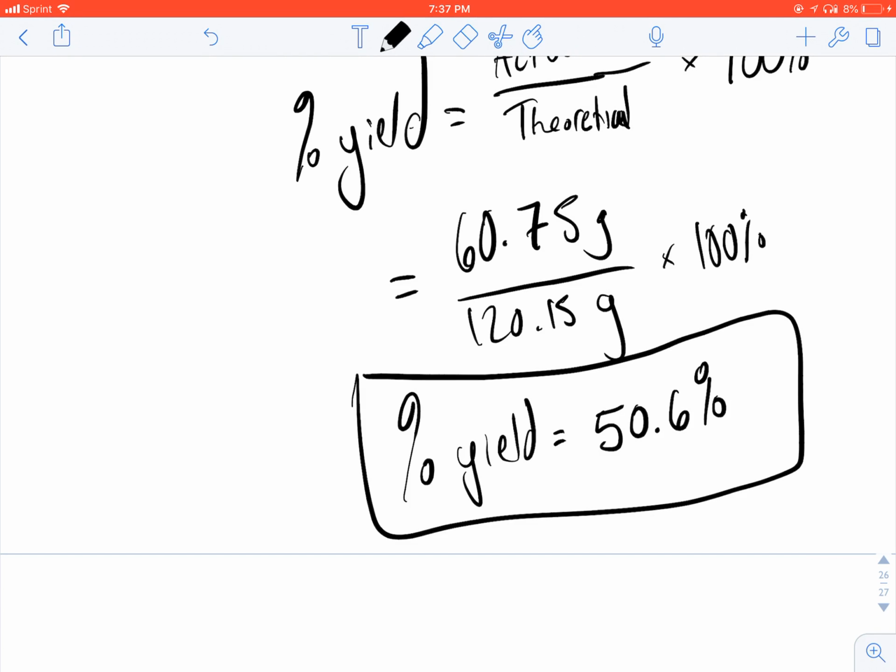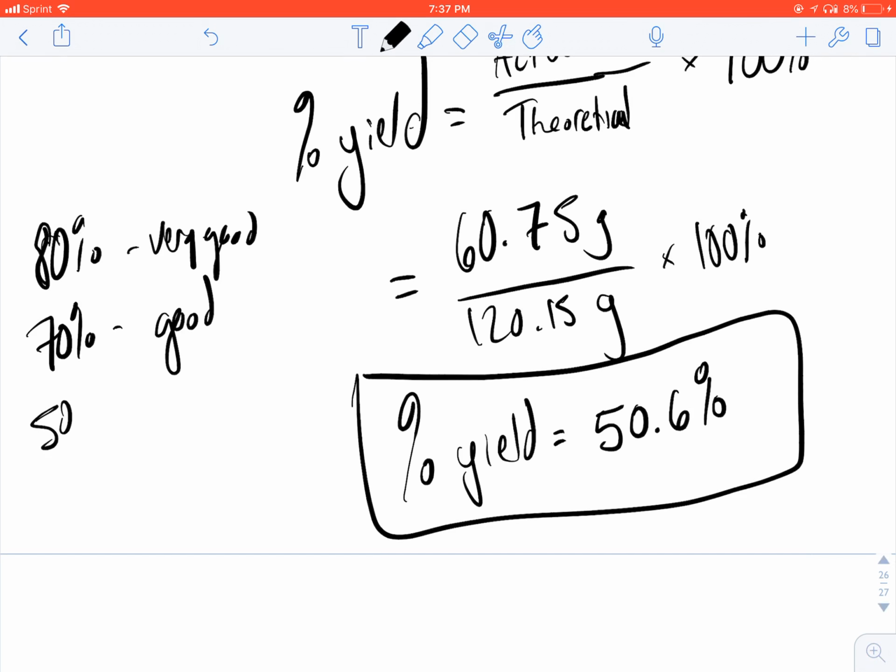Typically, 80% is considered very, very good. 70%, that's good. 50% is fair. And pretty much anything below is poor. I guess if you guys were getting graded on this scale, you'd be at least good for the most part.